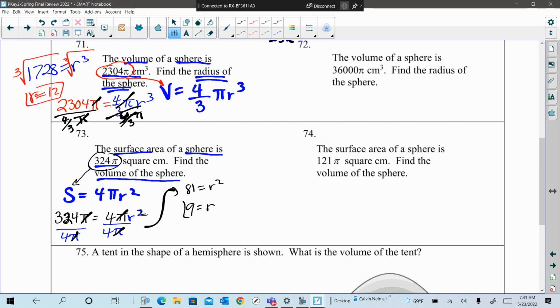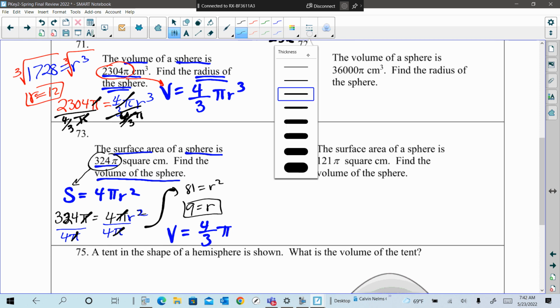That means 9 is your radius. So now that we have that, they want you to find the volume using the formula 4/3 pi r cubed. I'm just going to show the substitution.